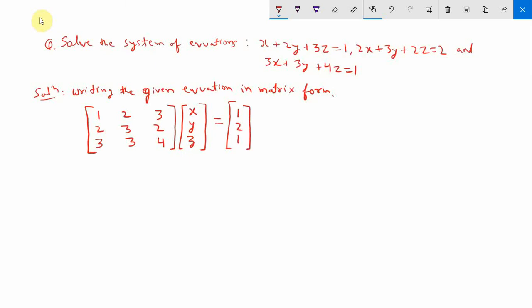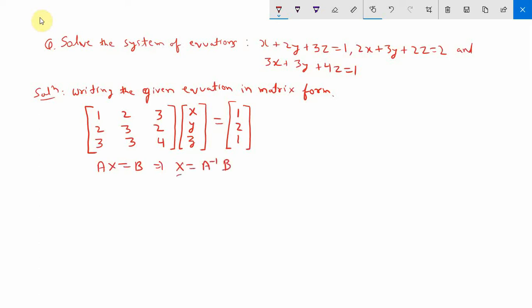Okay. So based on this we can write AX equal to B, or X will be equal to A inverse B.